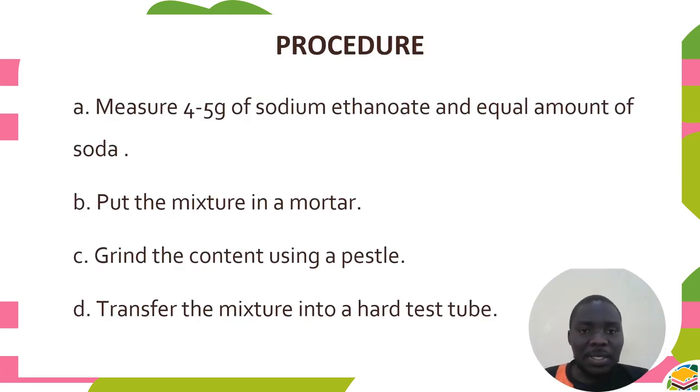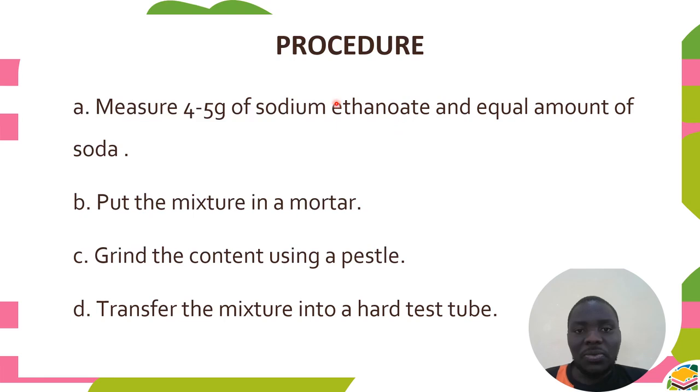For the procedure, first of all, we need to measure 4 to 5 grams of sodium ethanoate. Remember, we generalized it to be sodium acetate, but since here we are preparing methane, we use sodium ethanoate. There is a specification in terms of the salt that we are going to use.